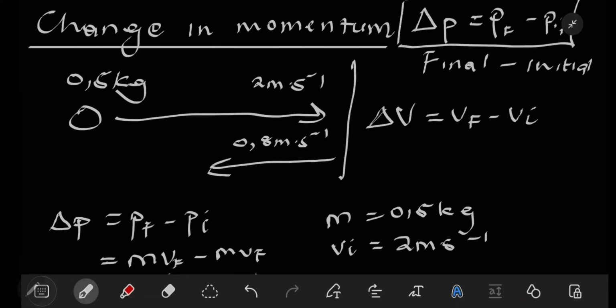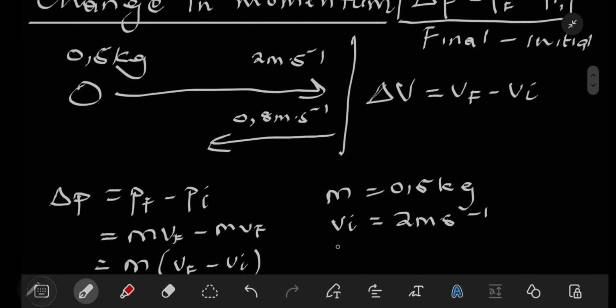And then our v final, which is 0.8 meters per second. Now remember, in the beginning we said that momentum has to take the direction of the velocity.